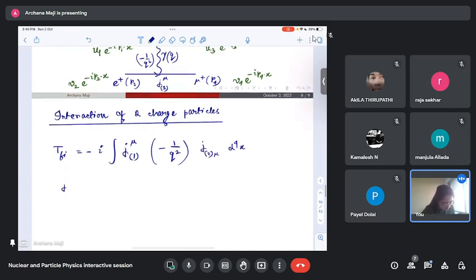And J mu1 will be, if you remember the expression of J mu, minus E psi bar final gamma mu psi initial.